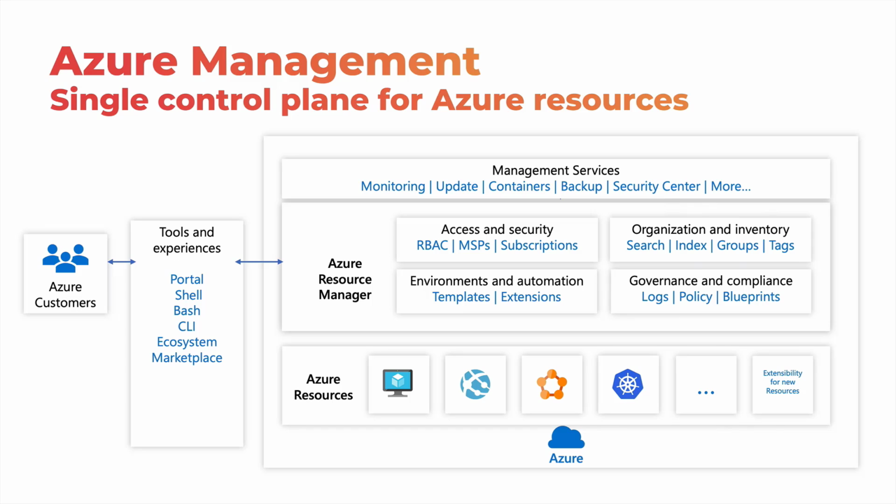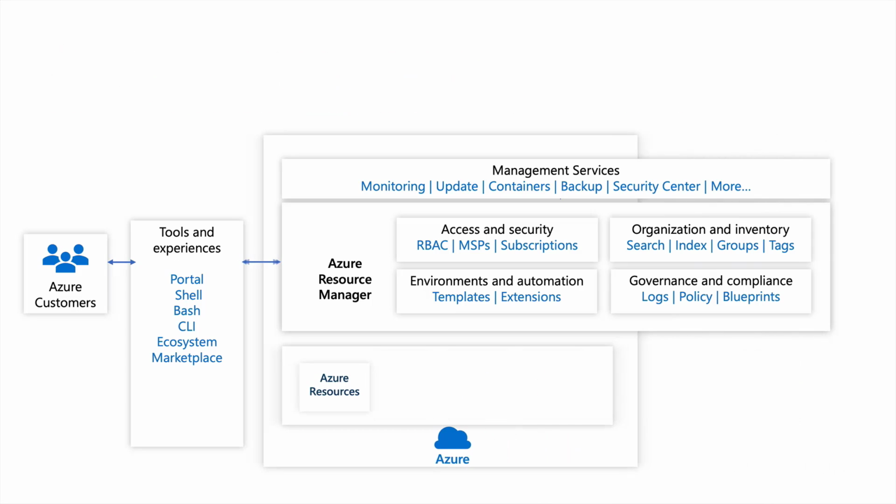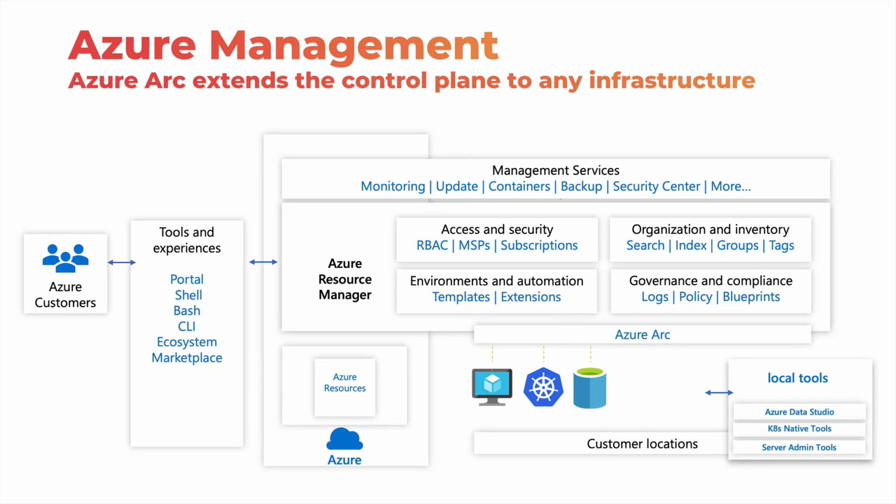So with Azure Arc, what Microsoft is doing is essentially extending the ARM capabilities and the ARM orchestration techniques to not just the resources in the realm of Azure, but even those resources that are outside of Azure, like VMs, which are servers, Kubernetes clusters, and relational databases based on Postgres and SQL.